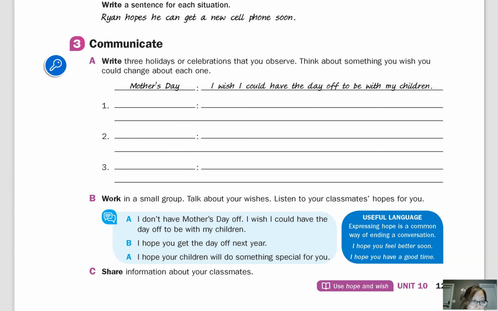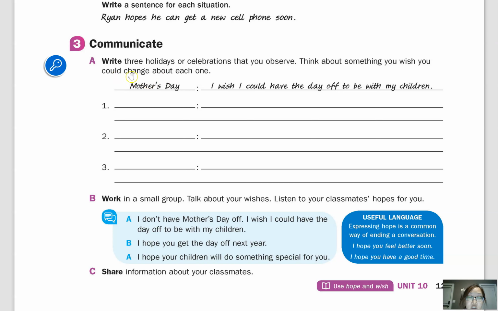Okay, so actually, you know what? I just realized I meant to say that you can use hope if you want to talk about possibilities, but again, it's a little different than the original instructions.